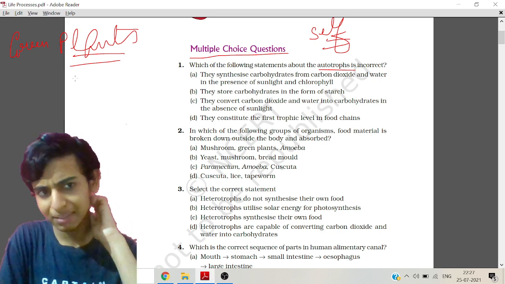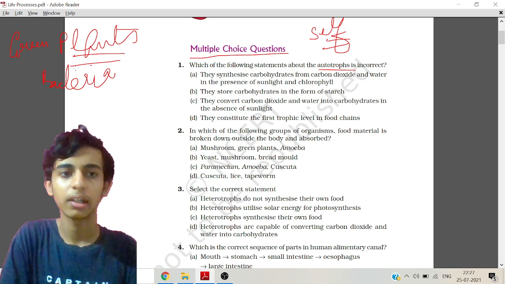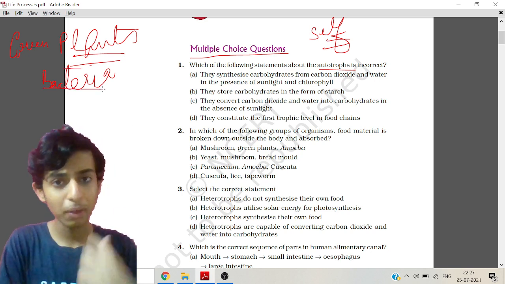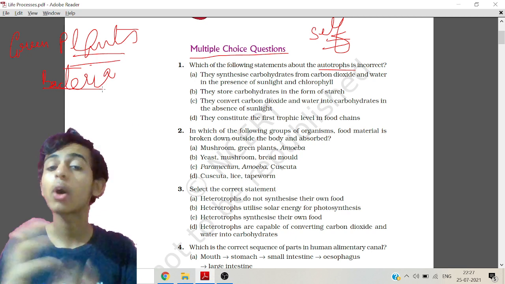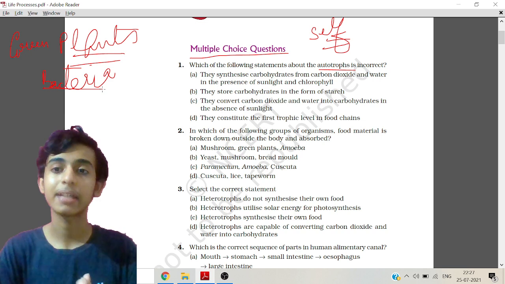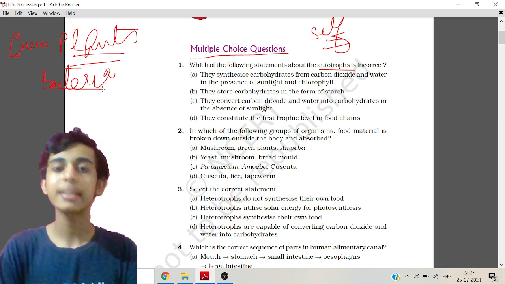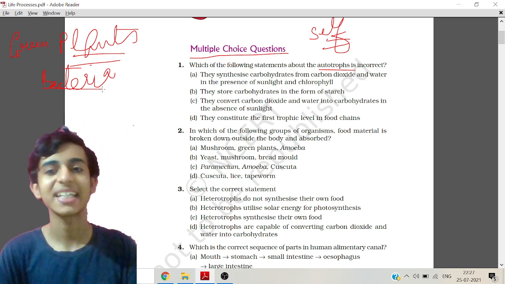Green plants and even some bacteria are autotrophic. Although they do not perform photosynthesis, they perform chemosynthesis. See, through this example, our concepts will also be getting clarified. I will be explaining each and every concept through this MCQ series. So in case you're liking it, click on that like button, right?